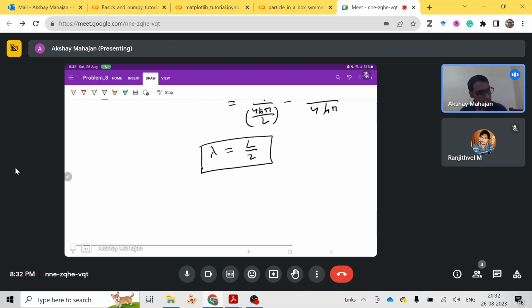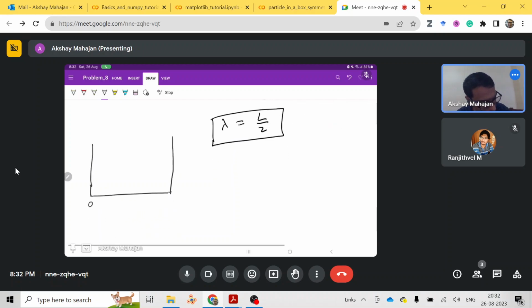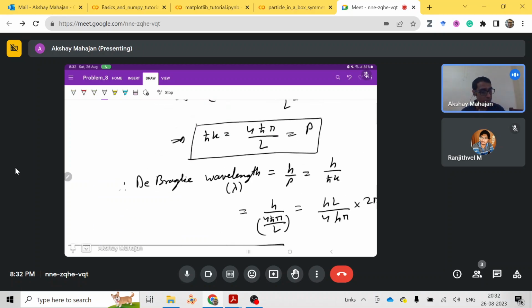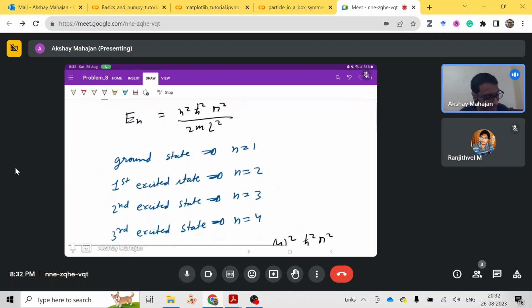And for this, if we draw our potential curve as well, basically to see what our state actually is, we have the third excited state, n equals to 4.